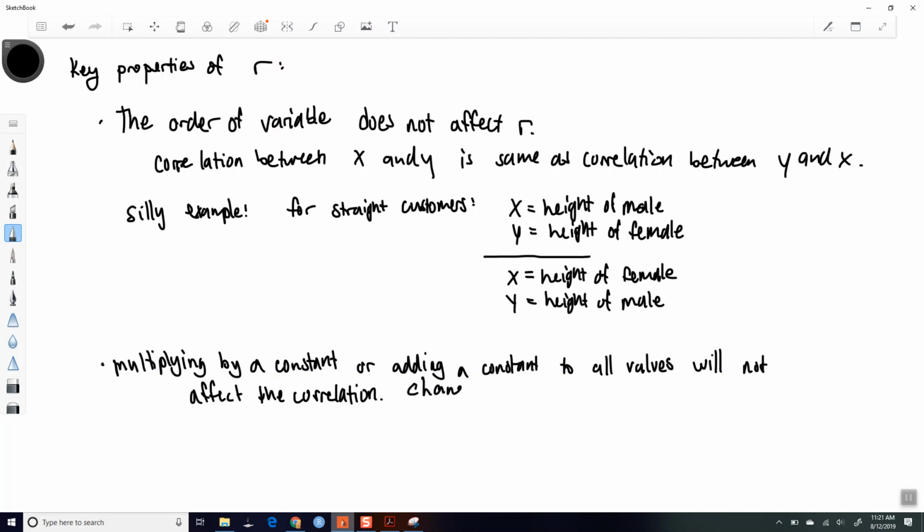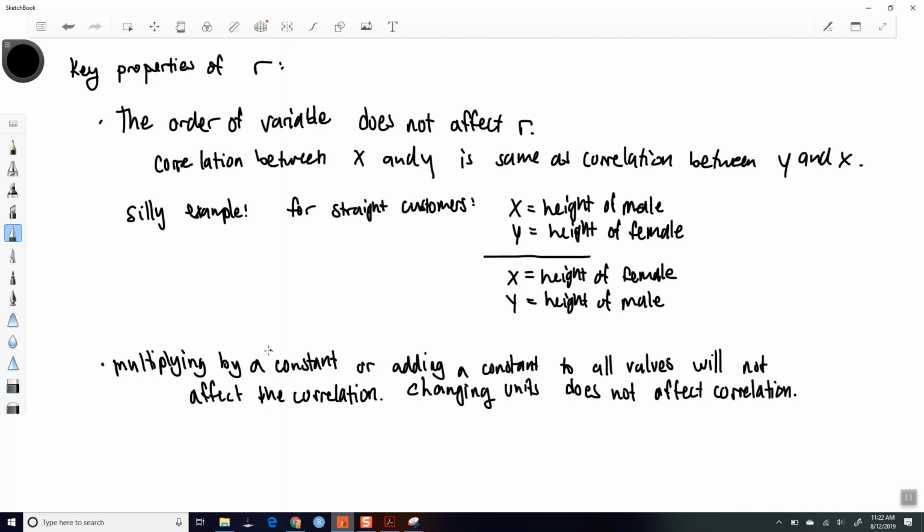Or if you measure temperature in Celsius versus temperature in Fahrenheit, which involves addition and multiplication, changing units does not affect correlation, okay?